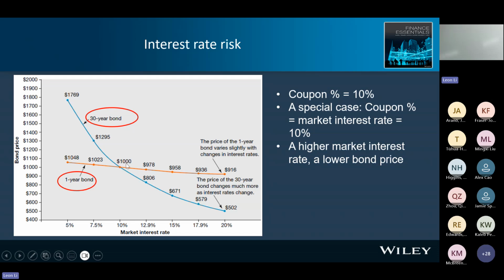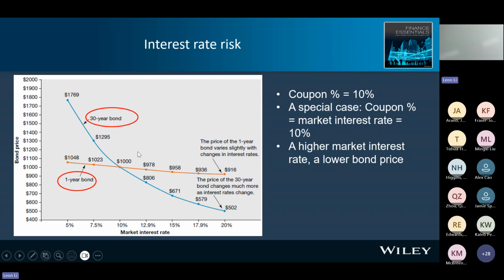And I like to address a special case. Coupon rate is equal to market rate. So in our example, coupon rate is 10%. If market rate is equal to coupon rate, I remember this example, our bond price will be par, $1,000, right?